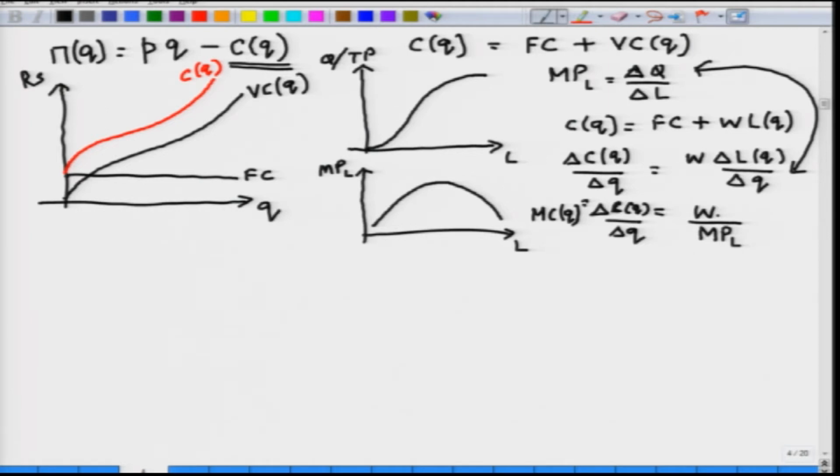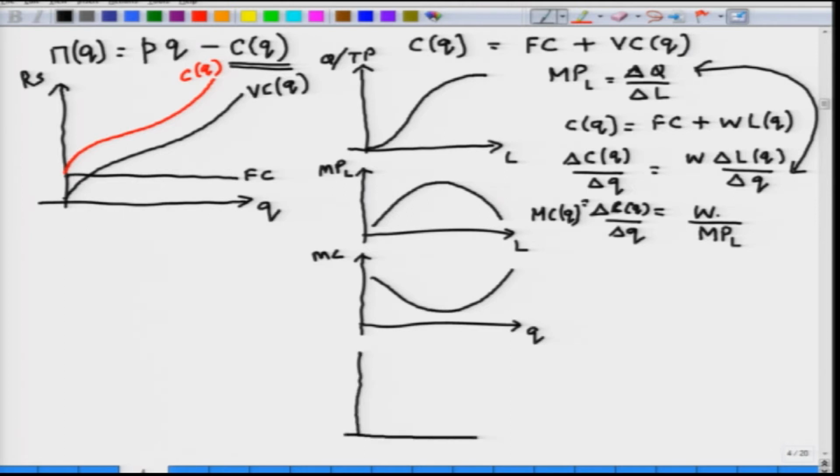Now, given that the marginal product of labor curve is an inverted U, we can get the marginal cost curve which looks like this. So, the marginal cost curve will be inversely related to the marginal product of labor curve. So, it will have this particular shape, and from the marginal cost we can always go back and derive the cost curve, which is the area under the marginal cost curve.